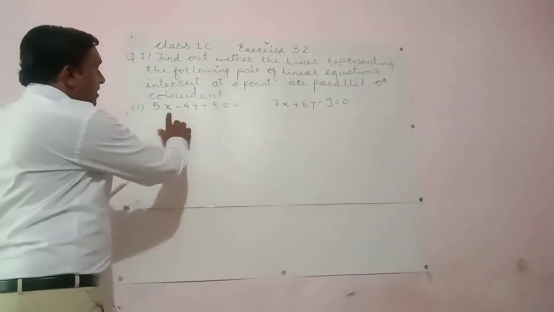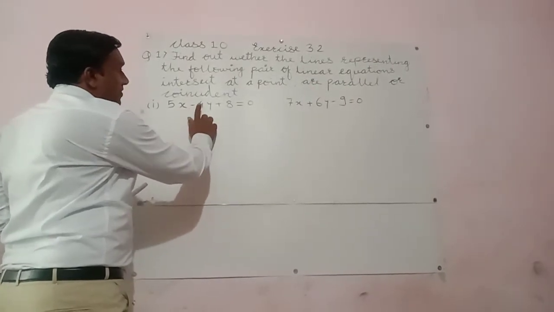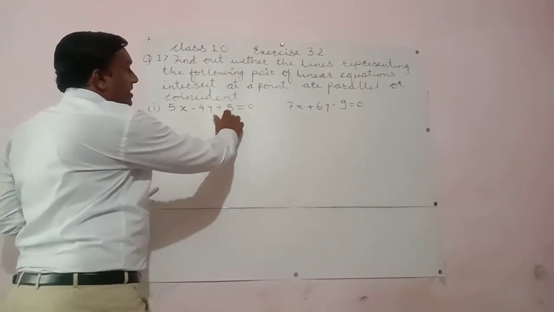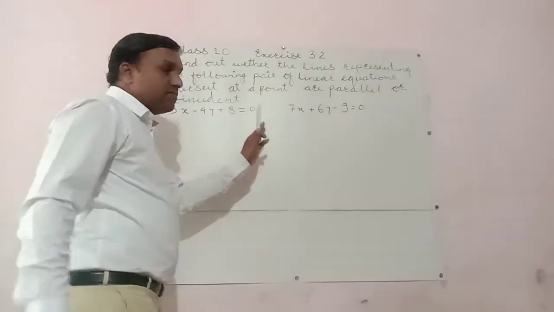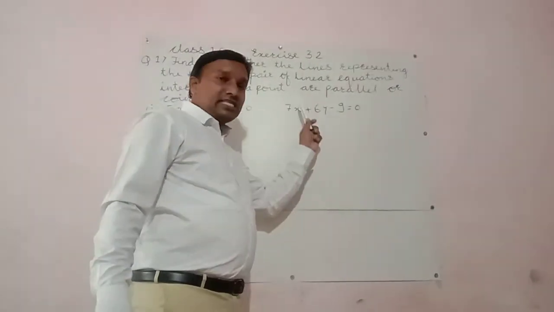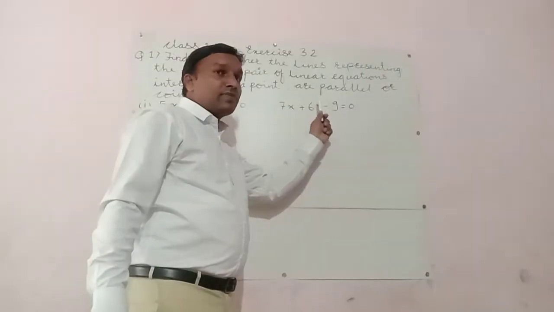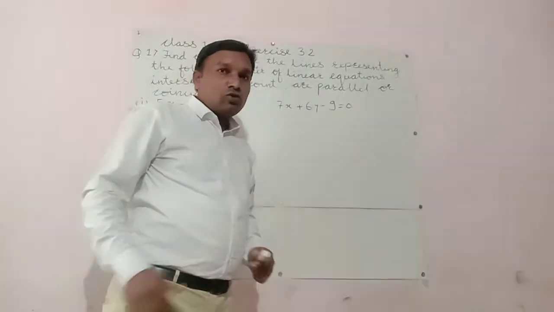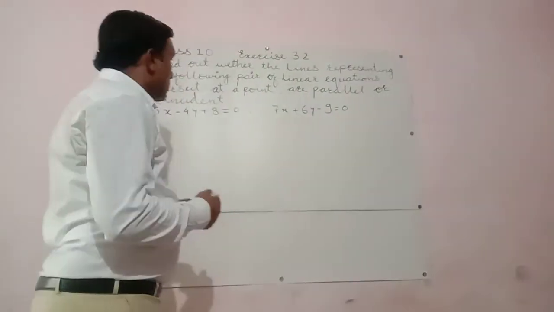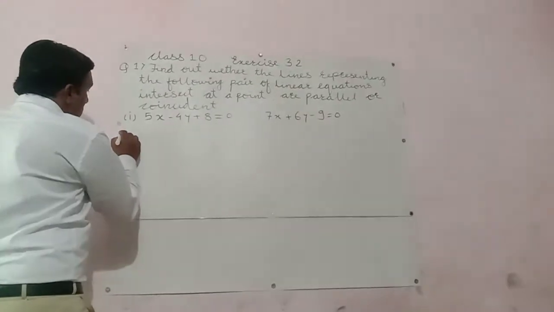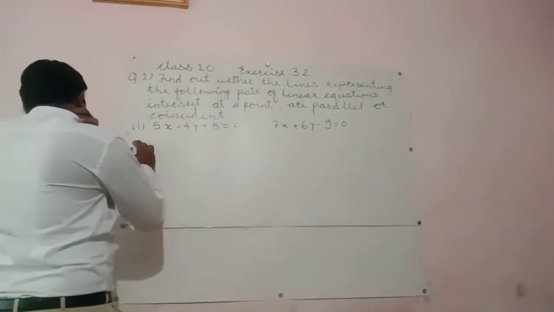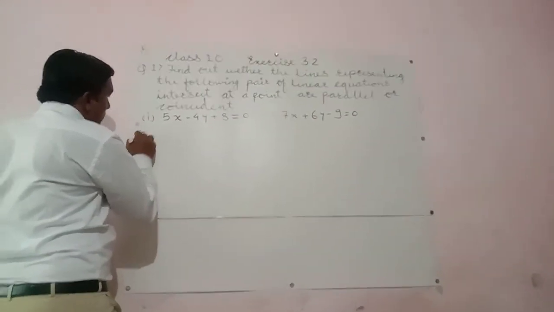Here 5x minus 4y plus 8 equal to 0 is the first equation. Second, 7x plus 6y minus 9 equal to 0. This is our second equation. So it is the answer of this example.